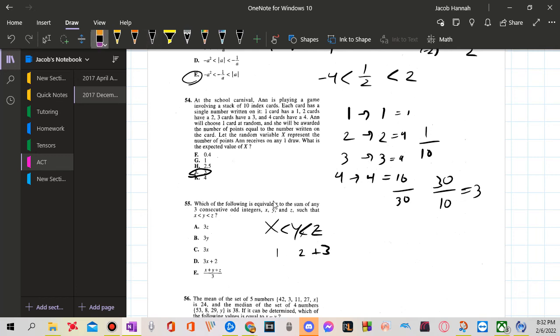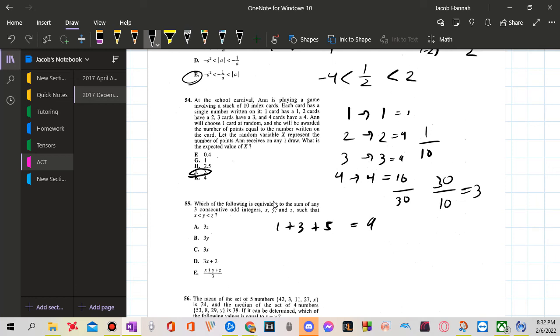Oh, that wasn't odd. This is asking for 3 consecutive odd numbers, so 1 plus 3 plus 5. That's going to equal 9.